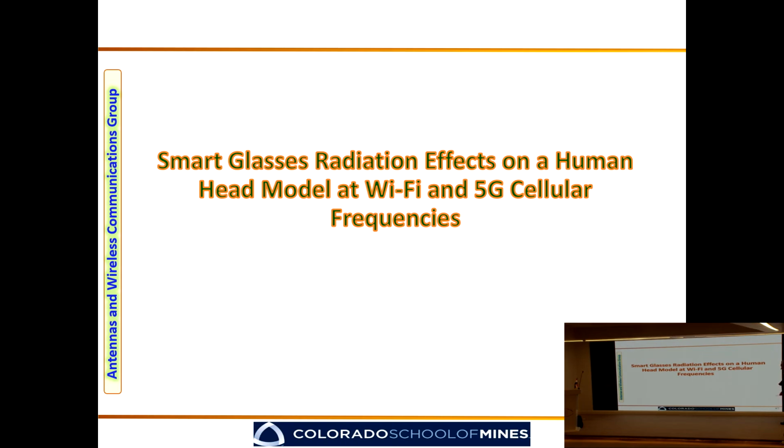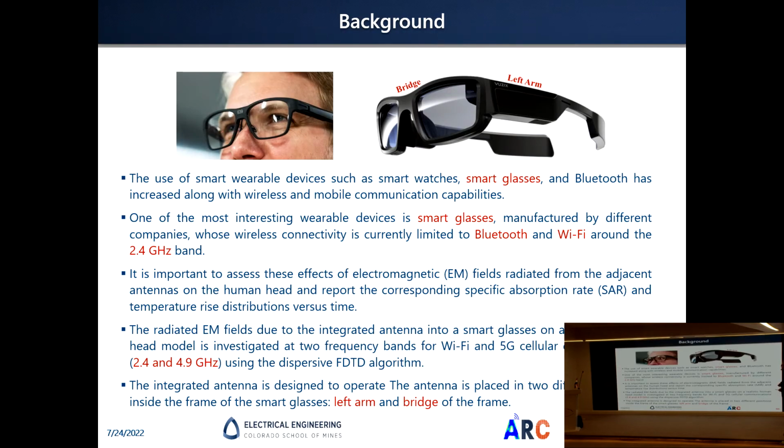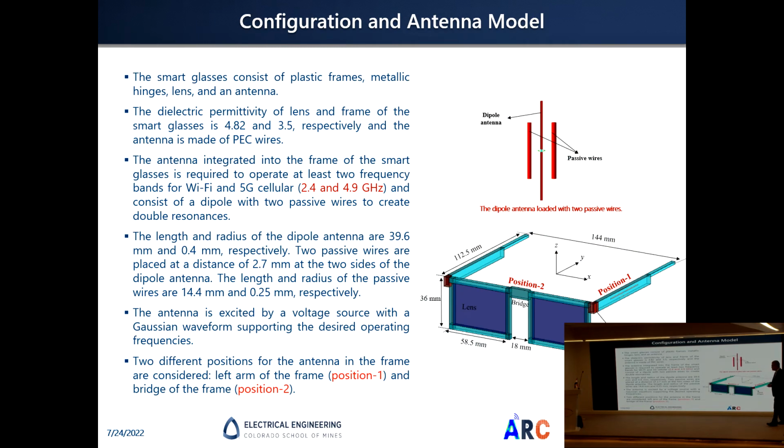Now, for 5G frequencies and for smart glasses, we can have an antenna on the bridge between the 2 lenses or in the arm of the frame of the glasses itself. We ran the simulation for 2.4 and 4.9 gigahertz with a human head model and also a model of the smart glasses.